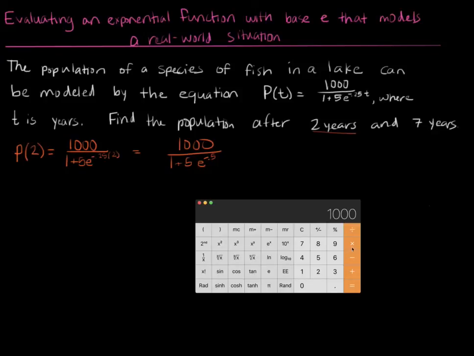So 1,000 divided by 4.0327 should be 249. We'll round to the nearest whole fish.